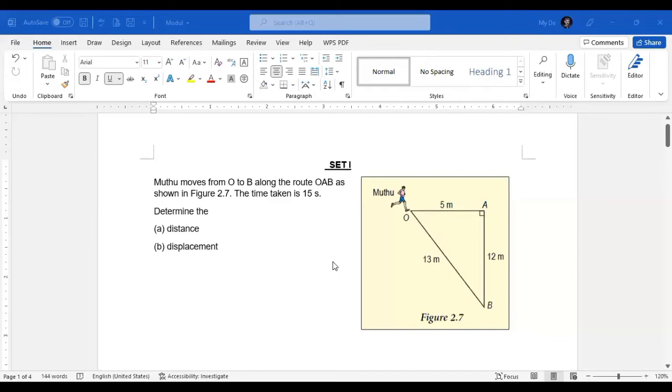Okay. For those that choose image number 1, this is your question. So please write the question or capture the question. I give you 5 seconds. Done? Sudah, kelas?